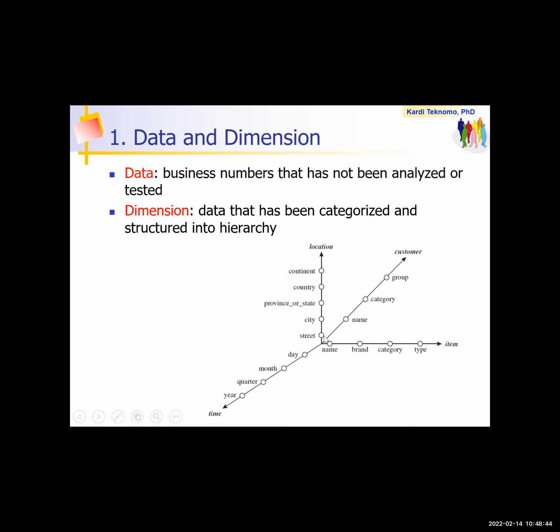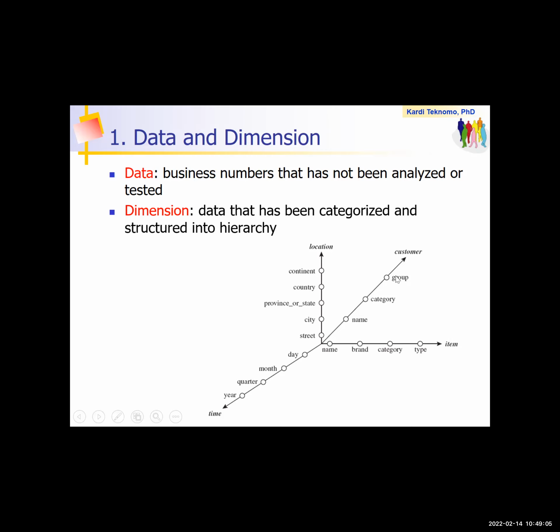You can see the hierarchy here. Of course, each country is contained within one continent, several states will be contained within one country, several cities are contained within one state or province, and several streets will be contained within one city. You can see the hierarchy.